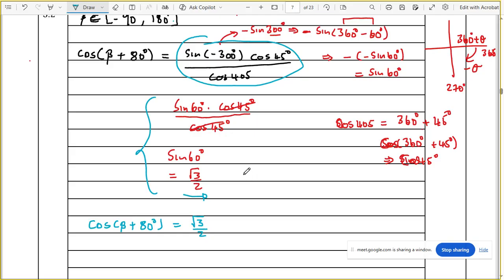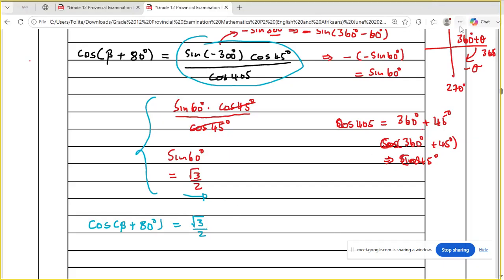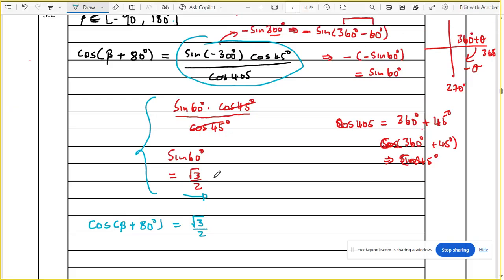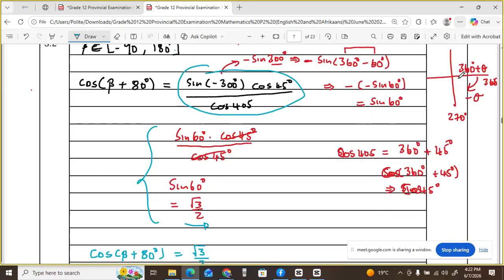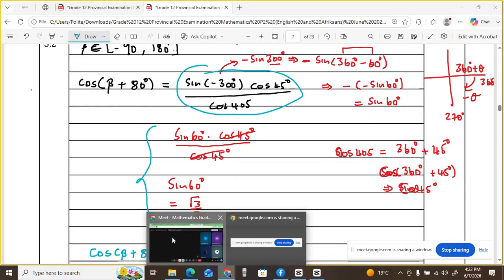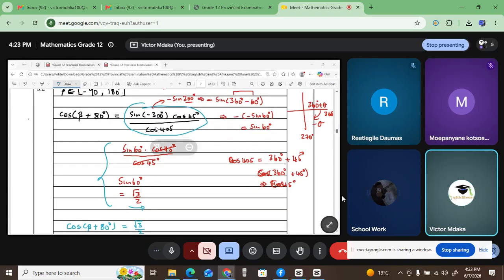Nothing. You guys don't know how to solve for x. How can I isolate beta here? Karabo, what do you think? I'm not sure.